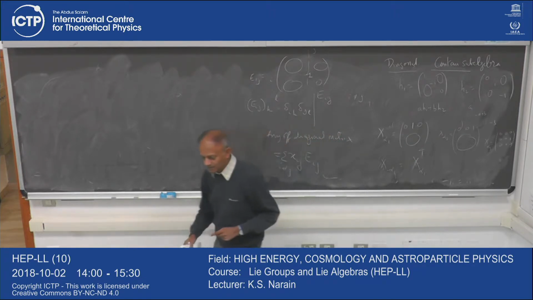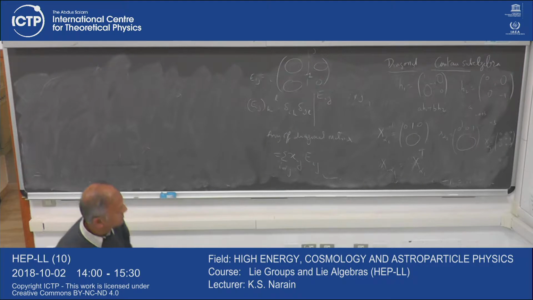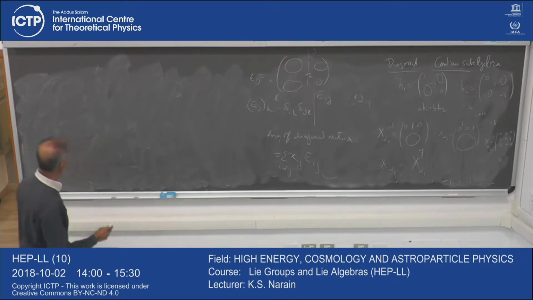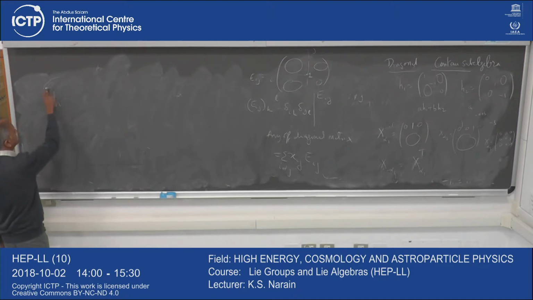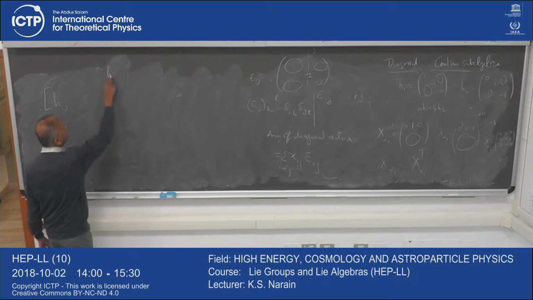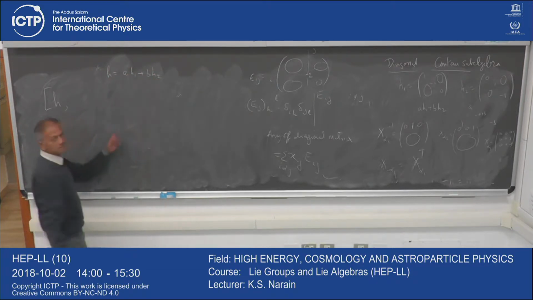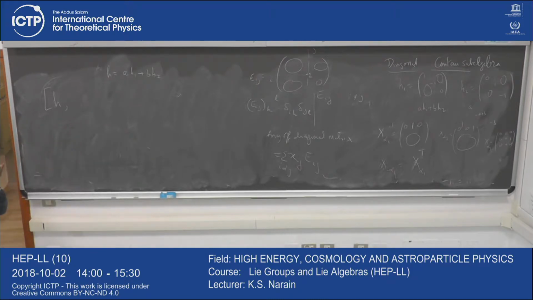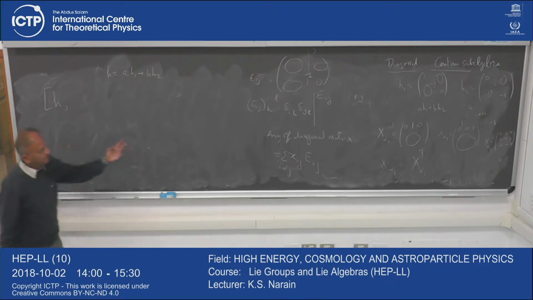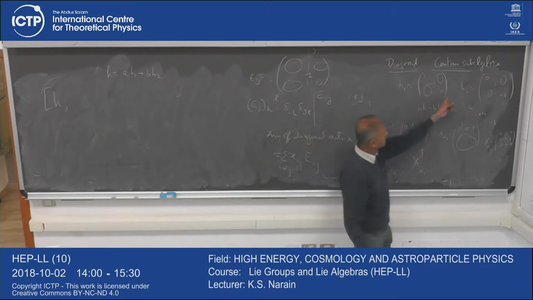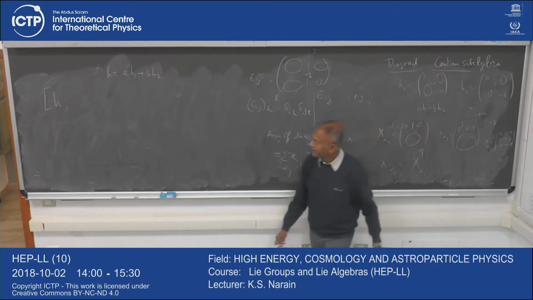Okay. So what does it mean, eigenstates? What we want is that the eigenstates are like this. This is the equation. Any H. H is in general a combination a H1 plus b H2, right? So this is any H in the Cartan subalgebra. This was the basis, but an element of the Cartan subalgebra is any element of this form.